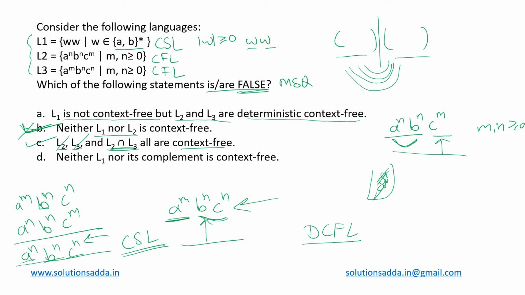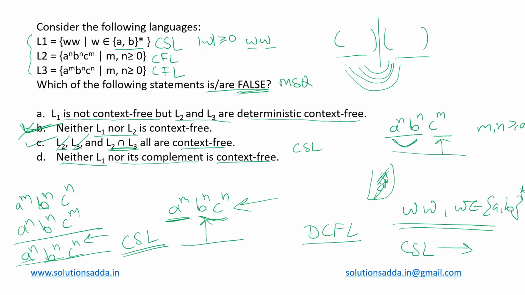And now looking at the last one, neither L1 nor its complement is context free. Now L1 is a context sensitive language, it is certainly not context free. But this language L1, which is WW, for W belonging to the Kleene closure of {a, b}, is a standard example where the language itself is not a CFL, it is a CSL, but its complement L dash is actually a CFL.